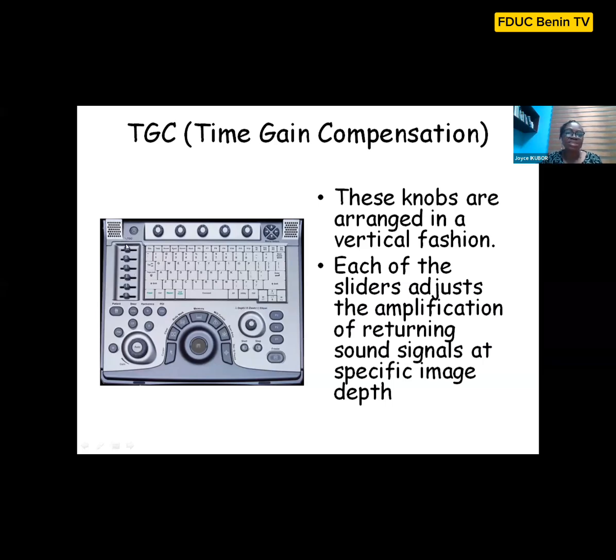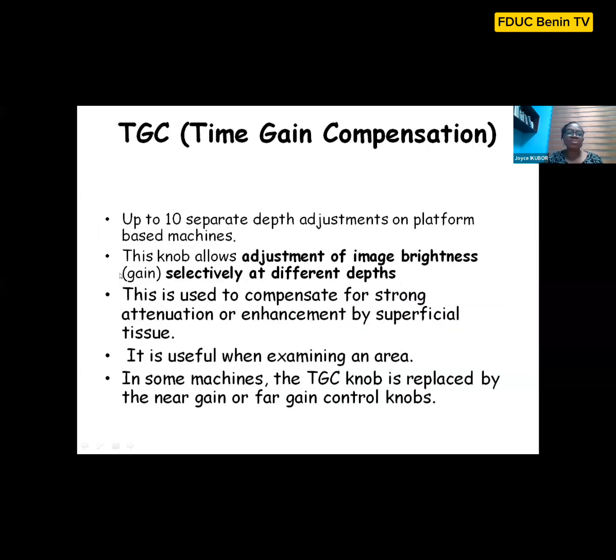Okay, so this will adjust the brightness of structures that are superficial, and as you go deep, these other ones will adjust it. It's as if the body is in sections. At each section, each of these sliders or knobs can be used to adjust the brightness at a particular depth.